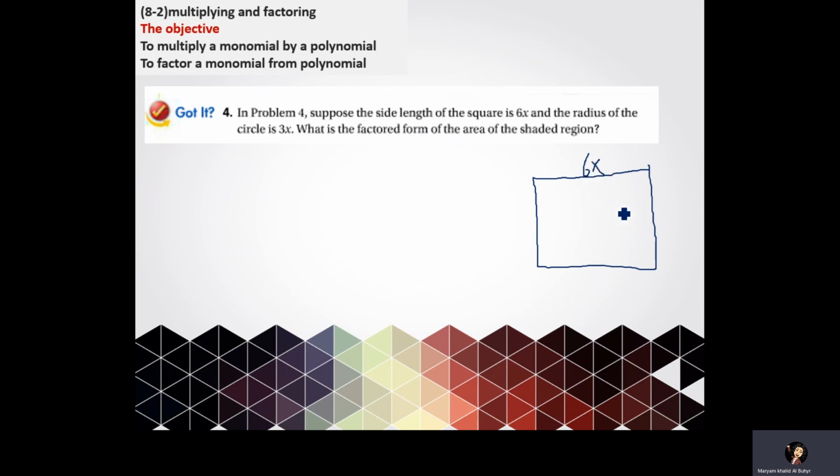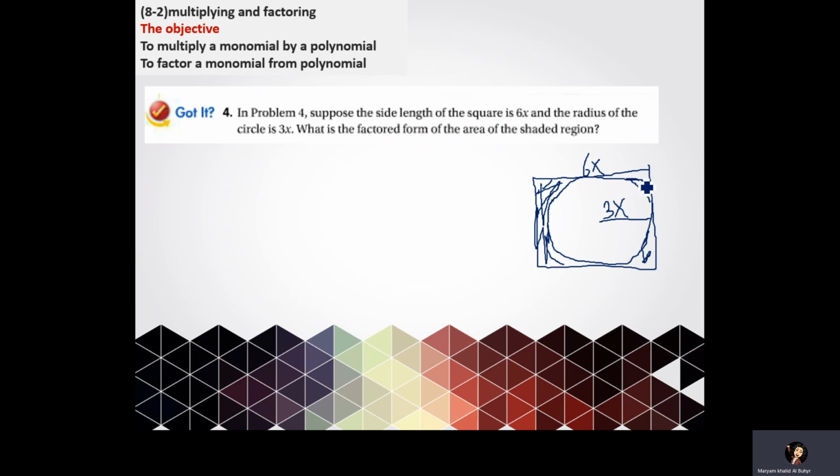And the radius of the circle is 3x. The question: what is the factored form of the area of the shaded region? Definitely they mean exactly the same idea.